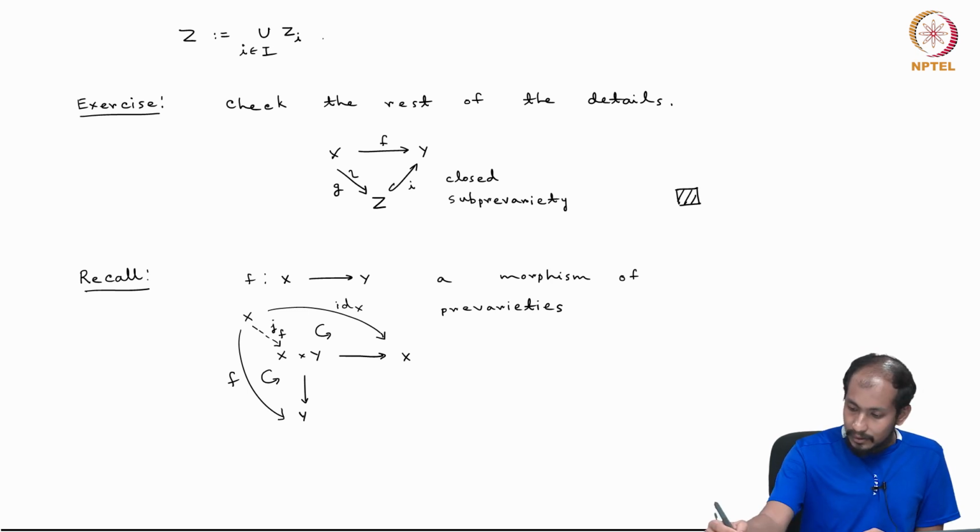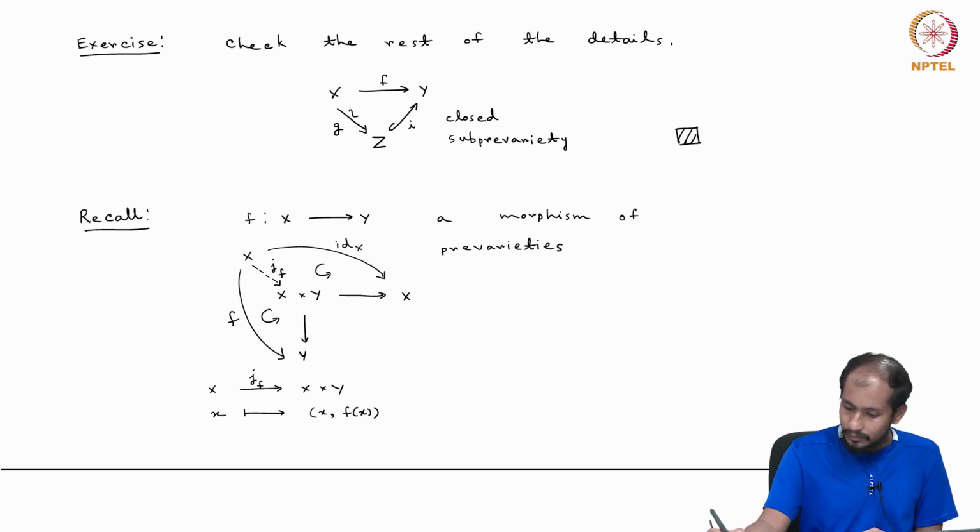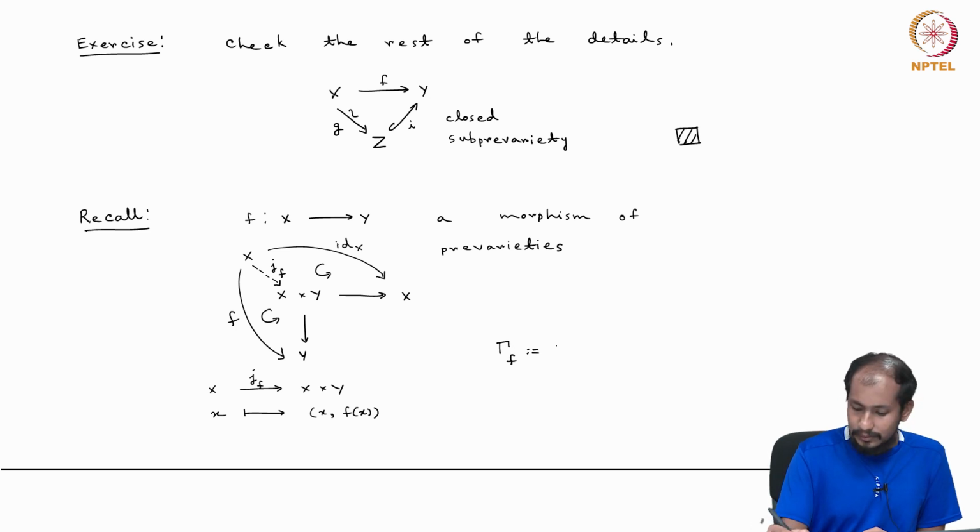This map from X to X cross Y, j_f, takes small x to (x, f(x)). And the graph is defined as the image of this j_f inside X cross Y. So this is called the graph of f.